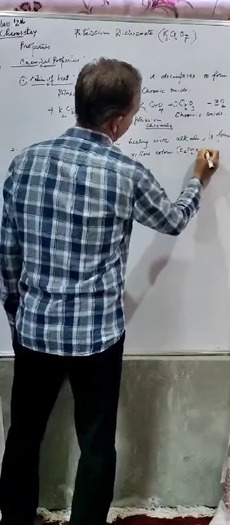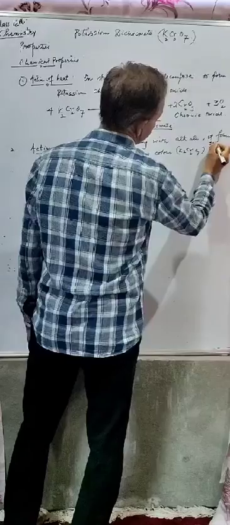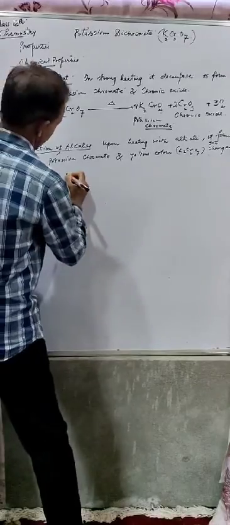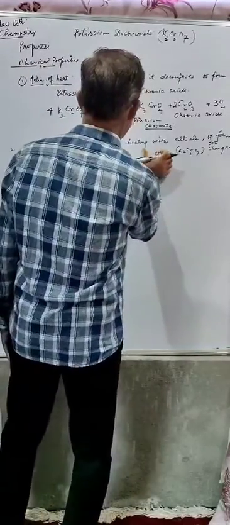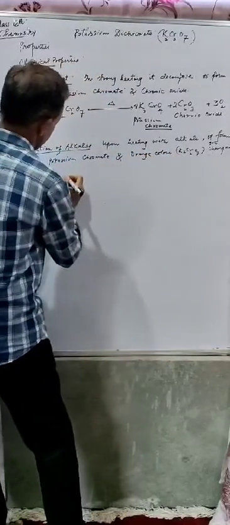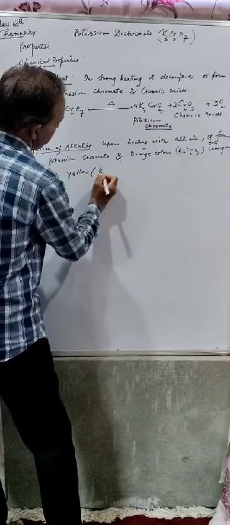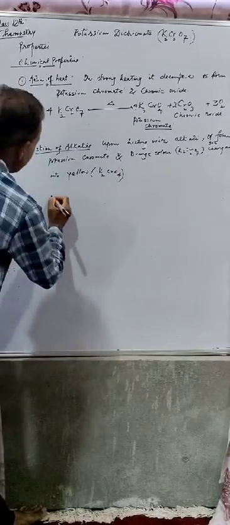K2Cr2O7 gets changed from orange color into yellow due to formation of K2CrO4.